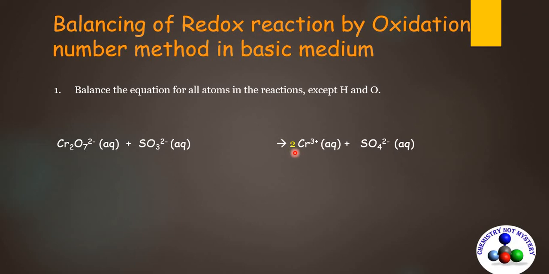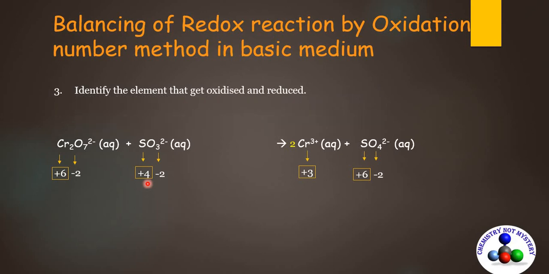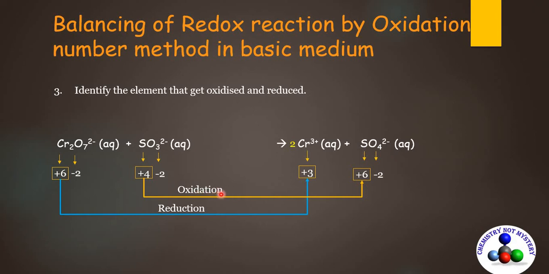Now assign oxidation number of all the elements present in the reaction. Can you identify the element that gets oxidized and reduced? Oxidation number of sulfur changes from +4 to +6. That's an increase in oxidation number. So sulfur gets oxidized, while chromium gets reduced, as its oxidation number decreases from +6 to +3.